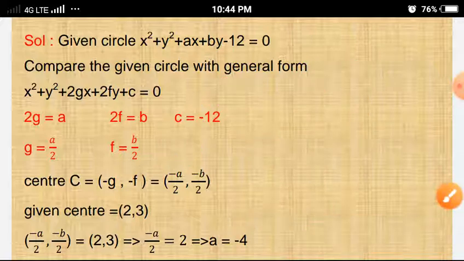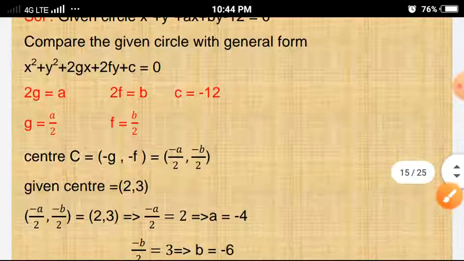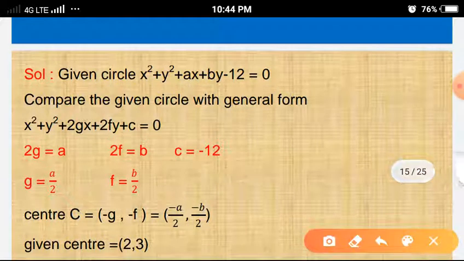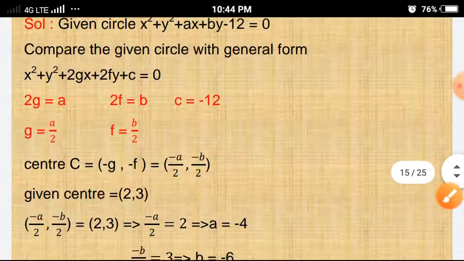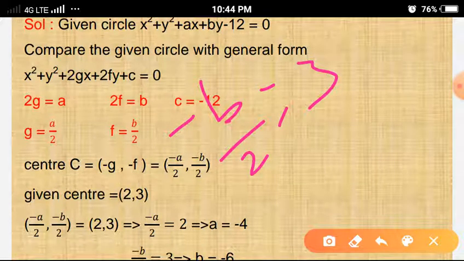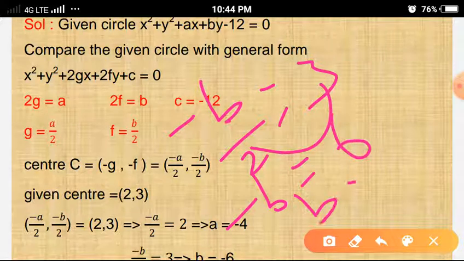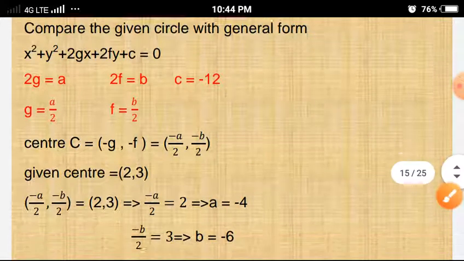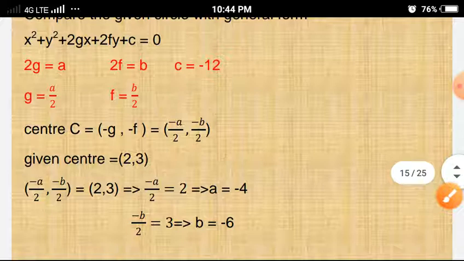Next we equate minus b by 2 is equal to 3. By cross multiplying, minus b is equal to 6, b is equal to minus 6. Here we get the values of a and b. a is equal to minus 4, b is equal to minus 6.